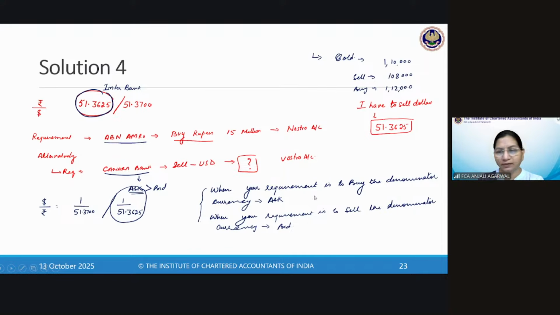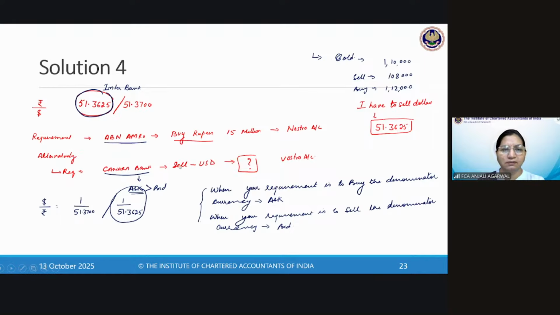Confused? I have a doubt. In Canara Bank, sell US dollar. Canara Bank's requirement is to sell US dollar.